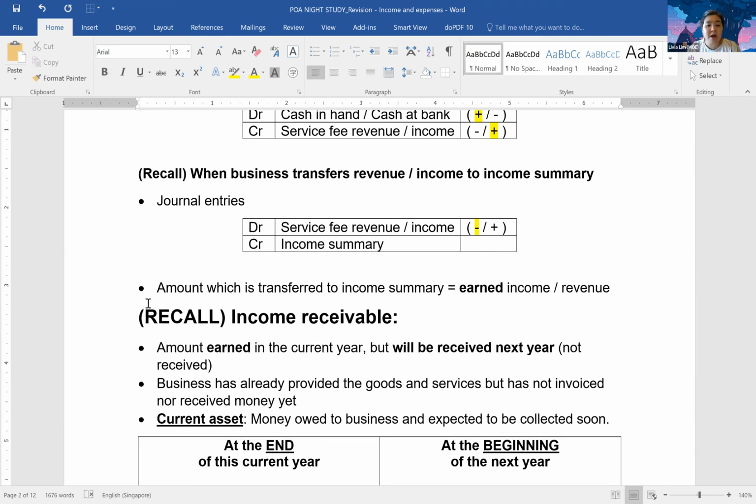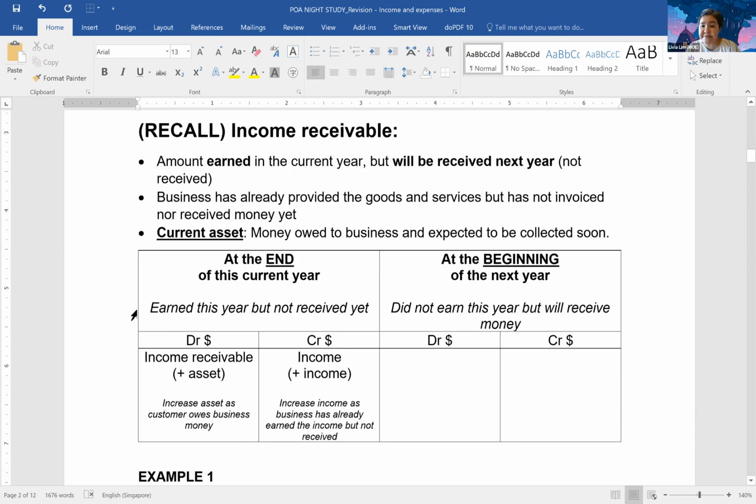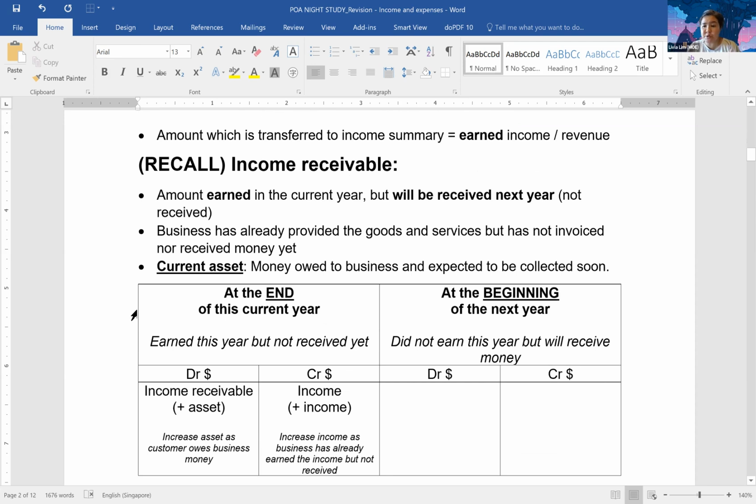Okay, so this is important for us to remember. All right. Okay, now let's get into it then. Income receivable. So this is a revision, so it will be a little bit faster than when I teach in class. So what is this income receivable? We have to look at this word receivable. Receivable means what? I am going to receive this money.